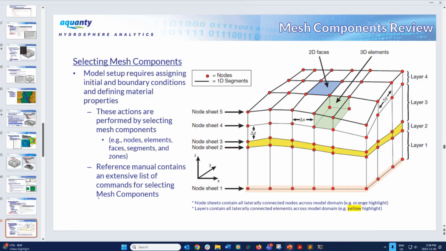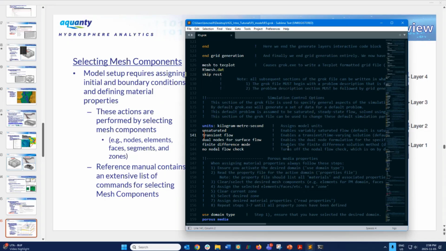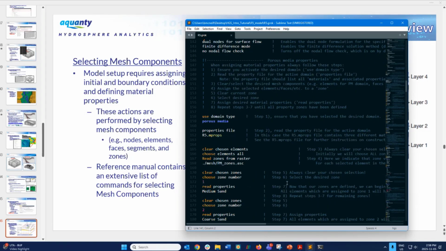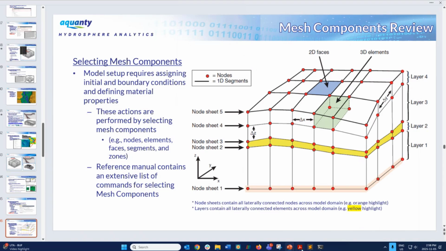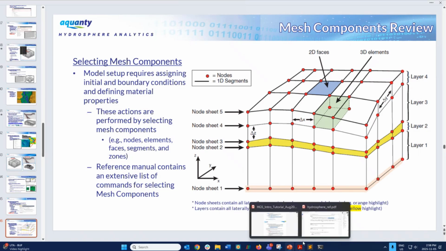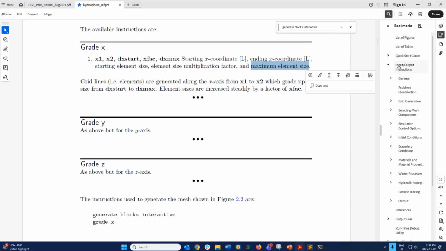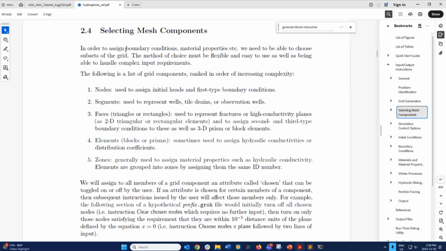If you want to define a boundary condition in a particular location, you need to be able to work with the mesh, but that can often be difficult, of course, because it's all based on a text-based input file, so you don't really have a graphical interface to just point and click at a particular node. So there's a huge portion of the reference manual, section 2.4, that's all about selecting mesh components.